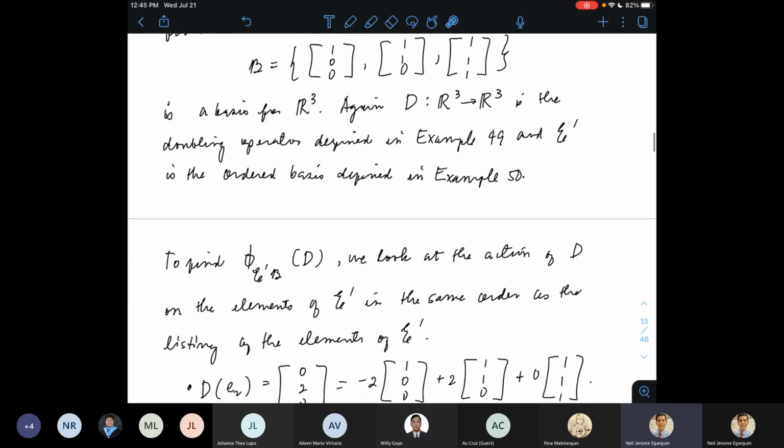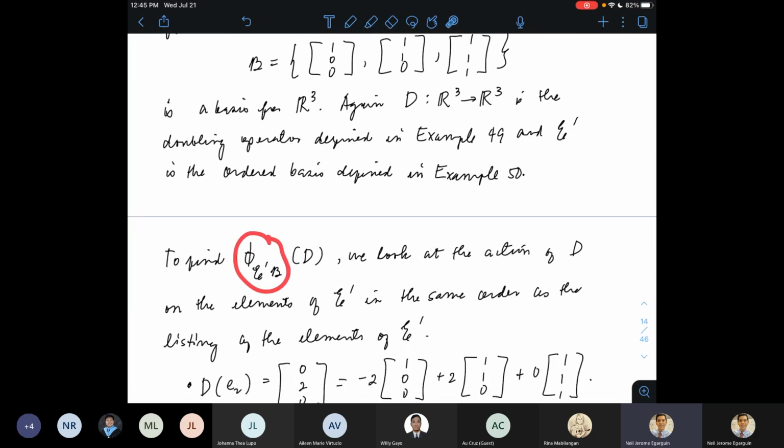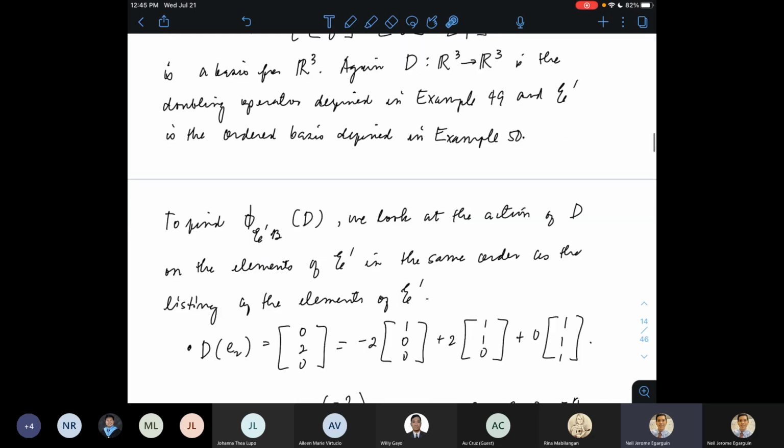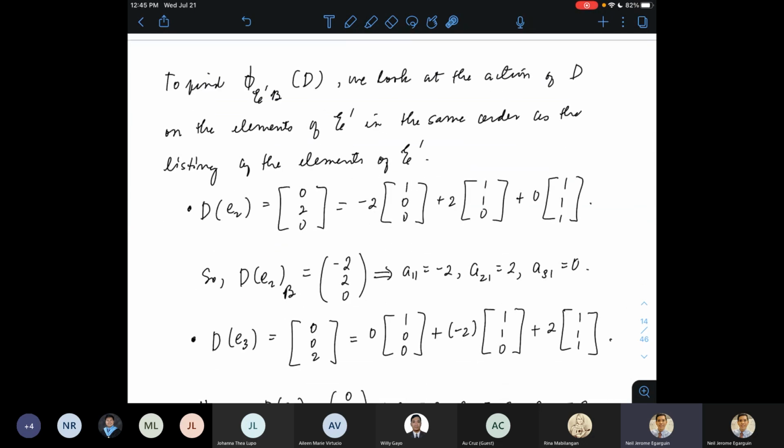Tas kunin ko yung phi of E prime B of D. Ibig sabihin, I am interested in finding the matrix representation for the linear transformation D, which is the doubling operator we defined in example 49, but this time with respect to the ordered basis E prime of the domain and the ordered basis B for the codomain.